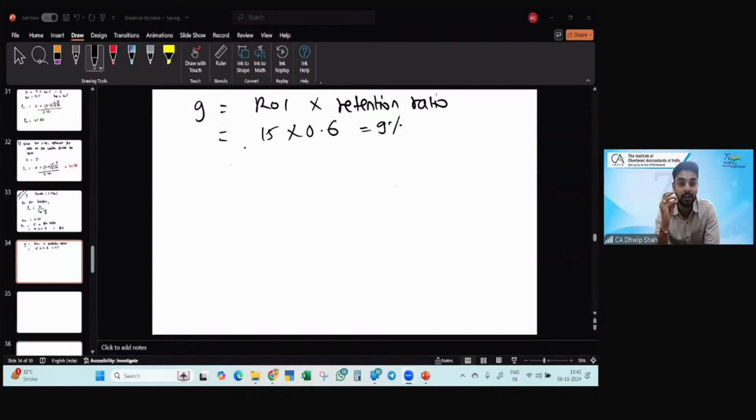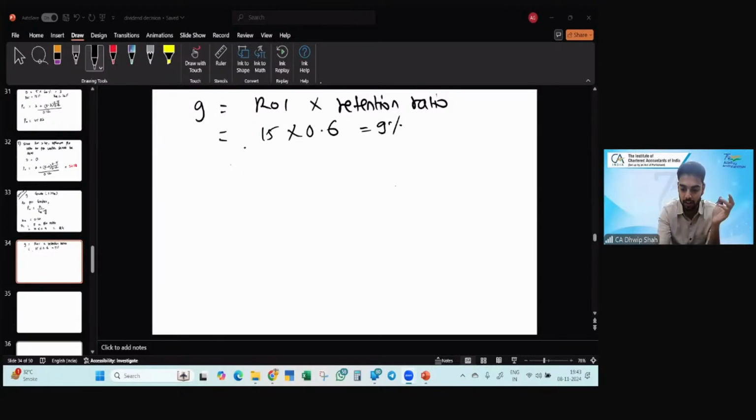Because under Walter, the dividend is constant every year. But under Gordon, dividend is not constant because growth is there every year. Growth rate is constant, but dividend amount would change. This is the key difference between the two models. Walter says dividend is constant till infinity, whereas Gordon says growth rate is constant on dividend, but dividend every year will change.